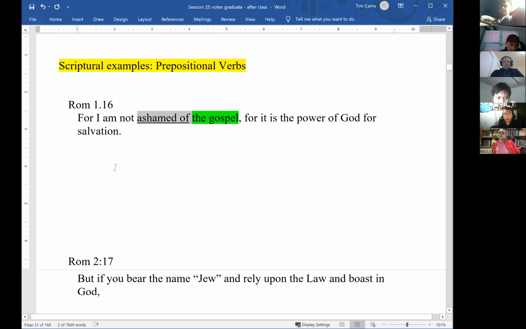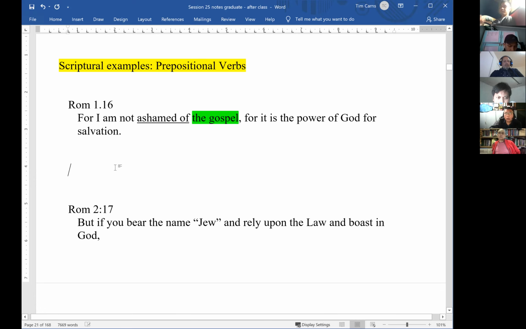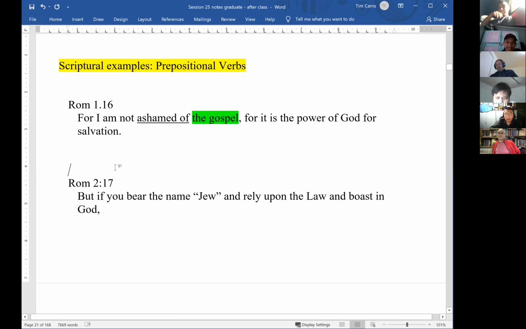Okay. All right. Tab, since you're making snide remarks over there, I'm going to give you Romans 2:17. I want you to find the prepositional verb and then the object. Okay, Master.